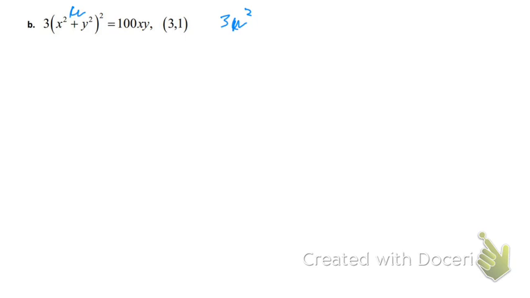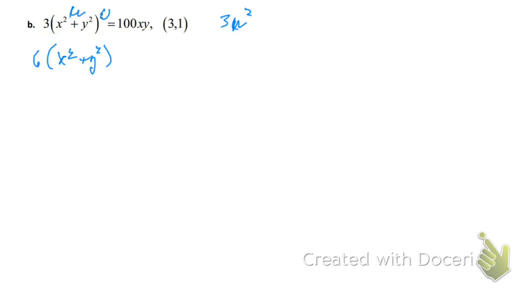Okay, so I've got 2 times 3, so I've got 6 times x squared plus y squared. There's my inside part. Subtract 1 from this little 2 up here, and I have a 1 there.